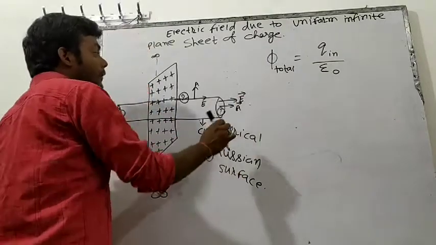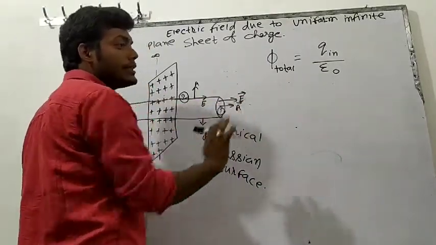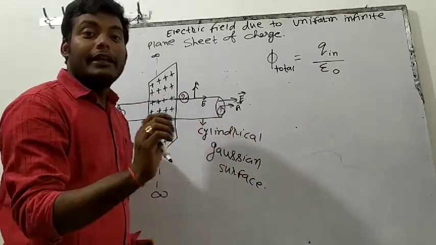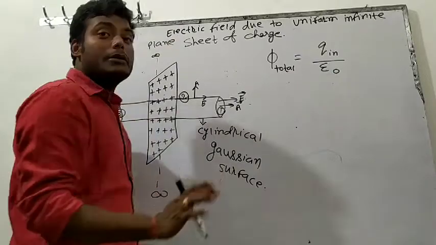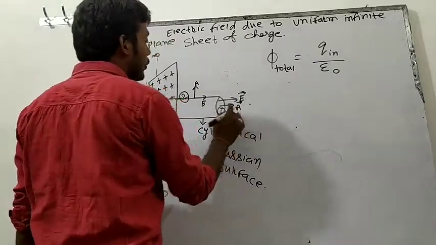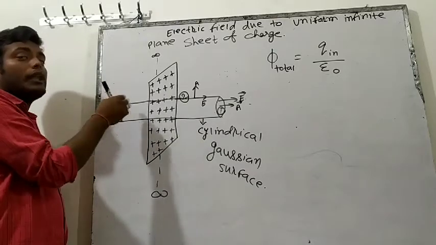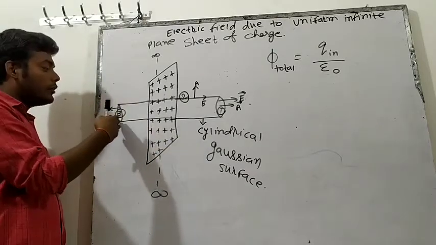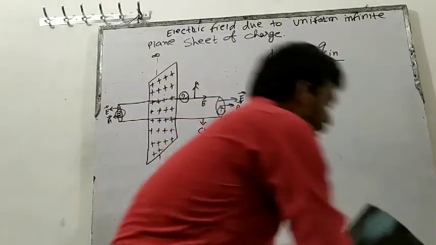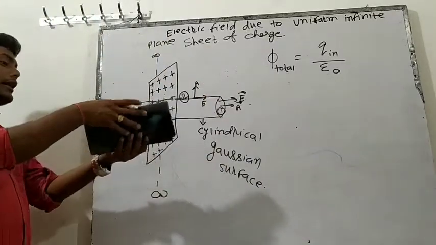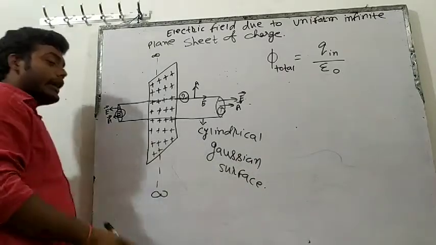E is in this direction, A is also in this direction, so the electric field and area vector are in the same direction. What is the angle? Theta equals 0. Similarly, for the other cross section, the electric field is away from it, and the area vector is always away from it. The angle is theta equals 0.